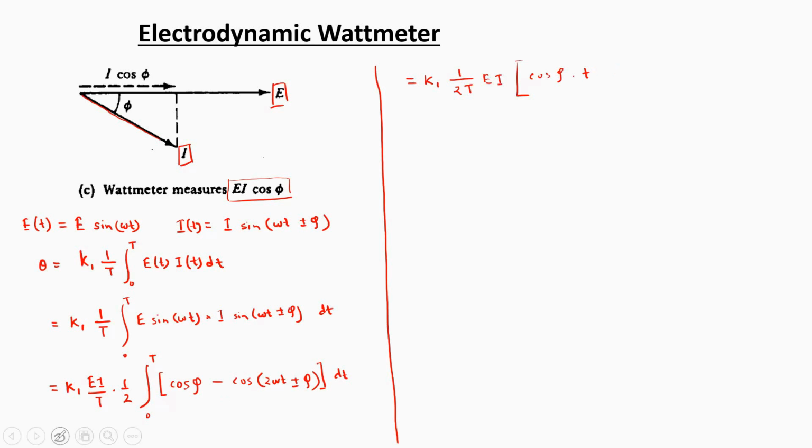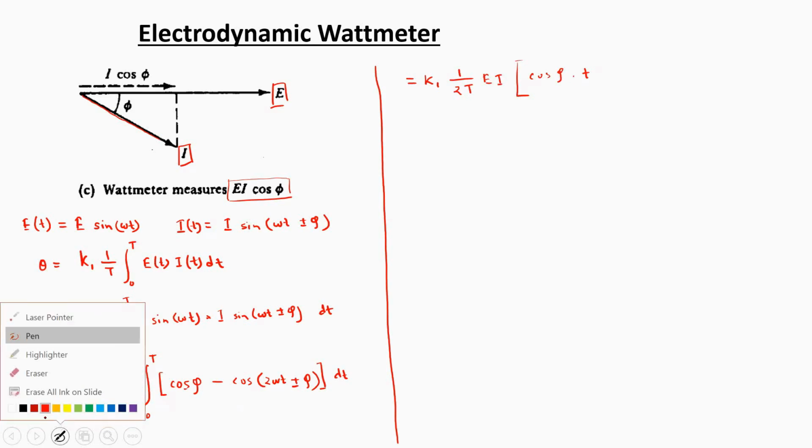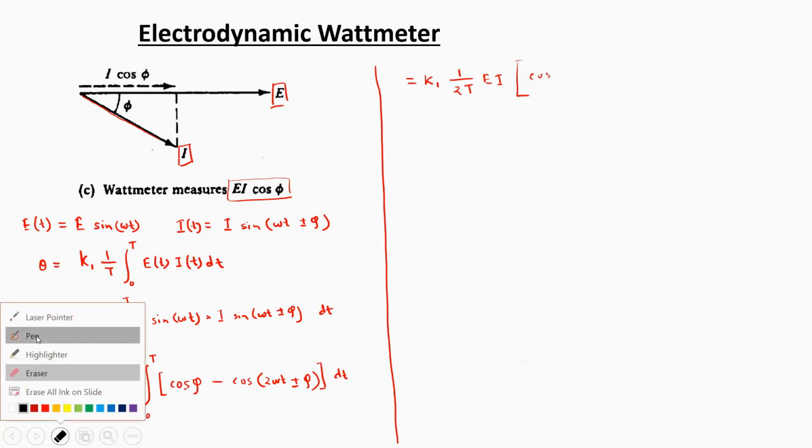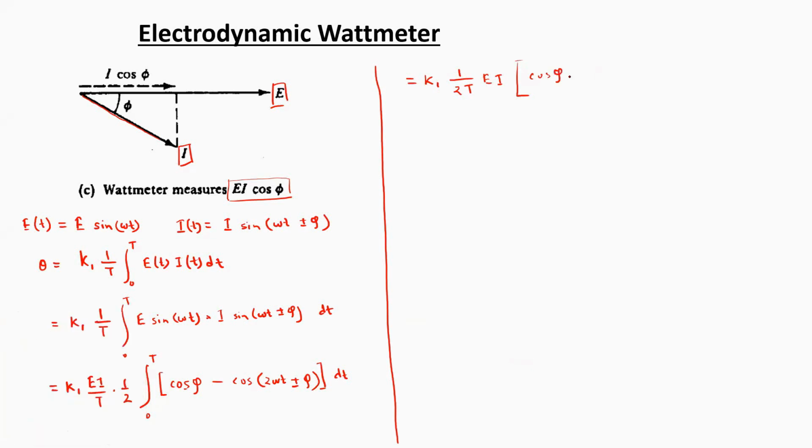So it should be minus cos phi into t, minus sine twice omega t plus minus phi divided by twice omega, and within the limit from 0 to t.